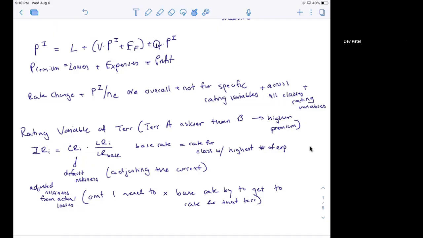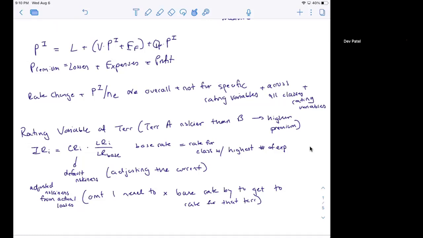Current relativity is, again, you can think of these as default riskiness, where we do not take into account the loss experience or the loss data. Now, when we do account for those, then we get the indicated relativity. So the indicated relativity is the current relativity, which is prior to the adjustment of the losses.